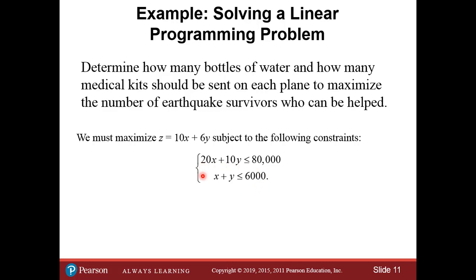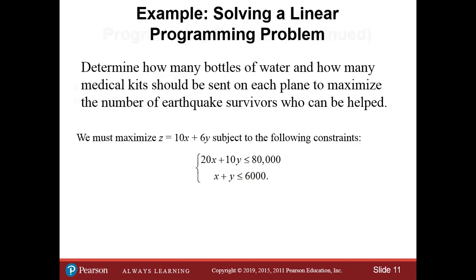So the sum of the number of bottles of water and the first aid kits cannot exceed 6,000. Okay, so it can only hold 6,000 items, and the weight restriction has to be no more than 80,000 pounds. So these are the constraints. So what does this mean? Well, we got to solve for this. We got to find the values of x and y that solve for this.